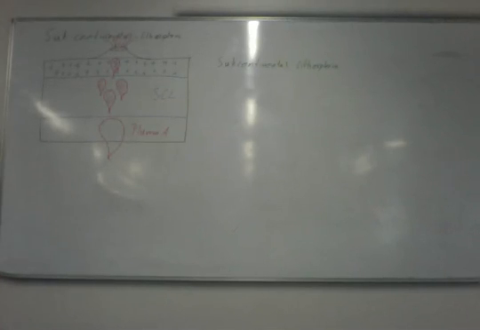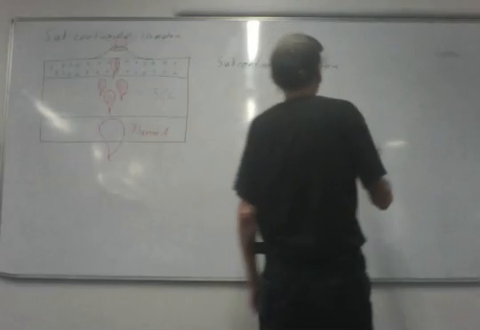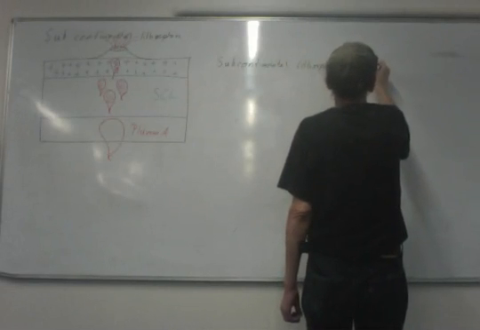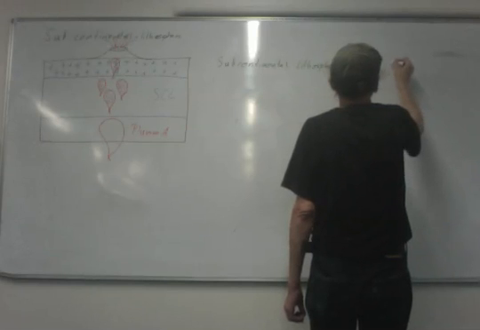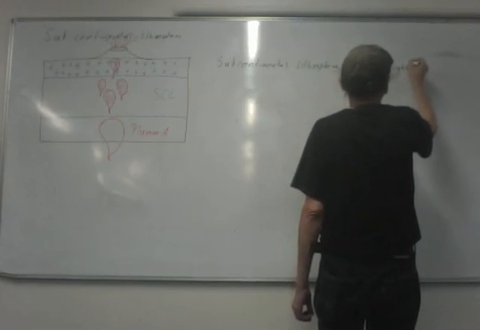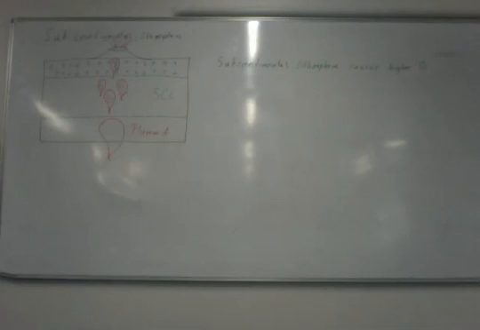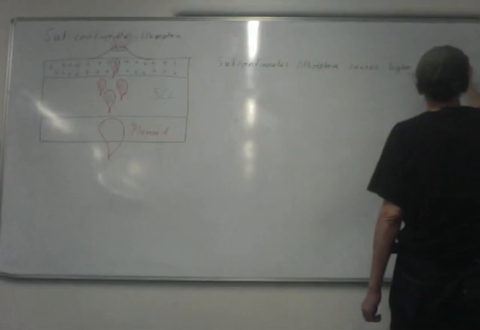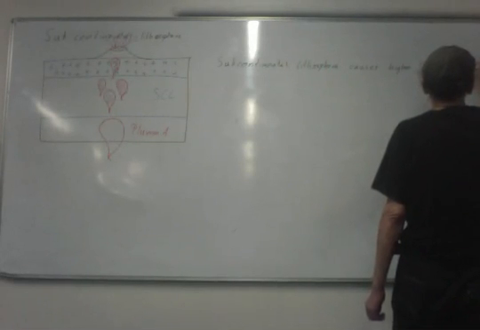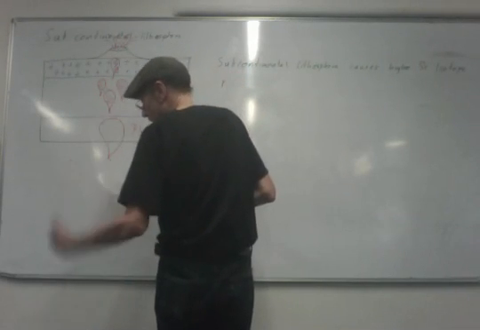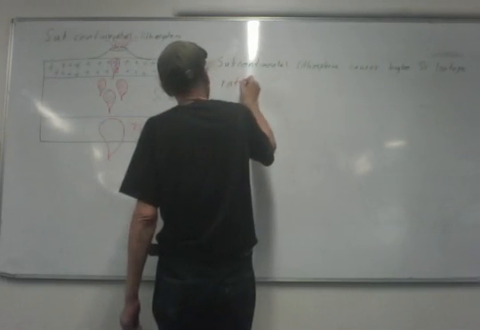subcontinental lithosphere causes higher strontium isotope ratios. So that is the ratio between strontium 87 to strontium 86.